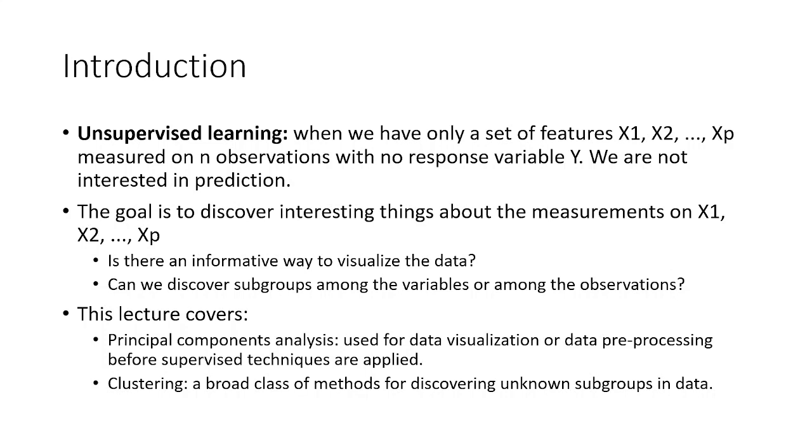So we look at the data, we look at the relationship between the variables, and if the relationship is quite linear, then we are satisfied with using linear regression. If it can minimize the sum of squared error and also increase the prediction accuracy, then we are happy with that. But unsupervised learning doesn't involve any predictions.